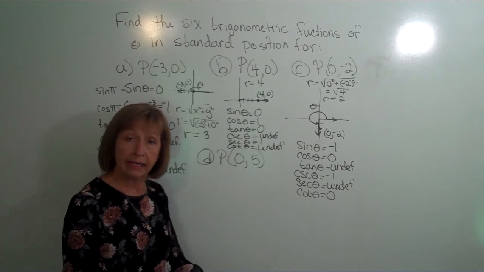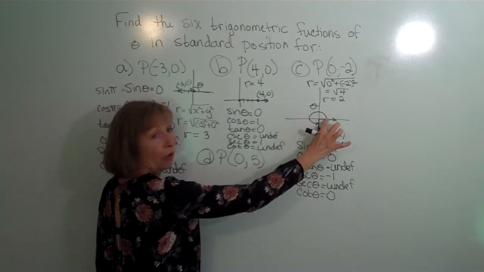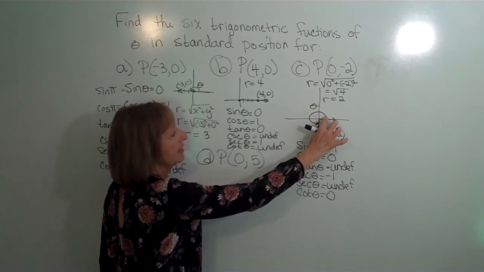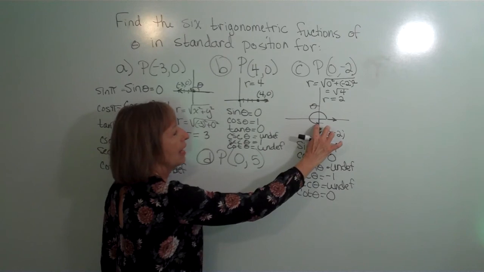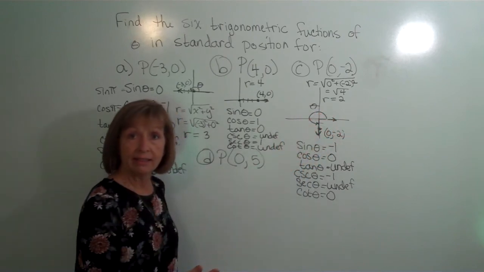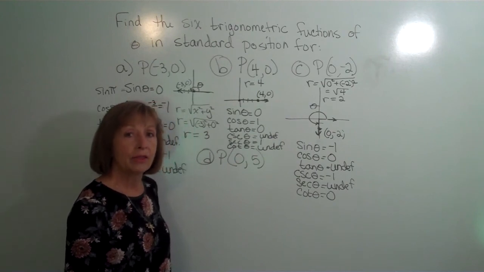Now, do we know this angle? Well, actually we do, right? If we go from the initial side, the positive x-axis, and around to the negative y-axis, that's 90, 180, 270 degrees. So it's 270 degrees, or it is my 3 pi over 2.